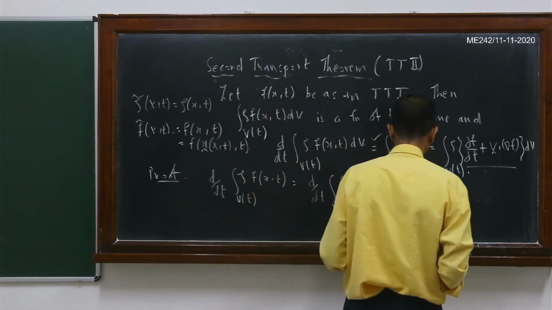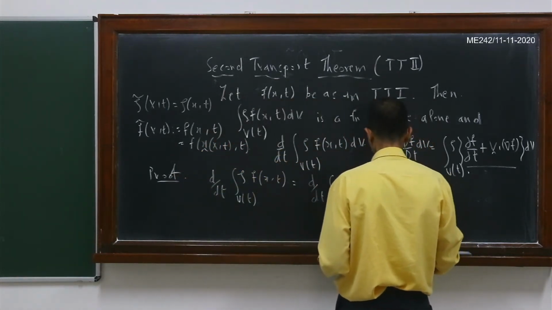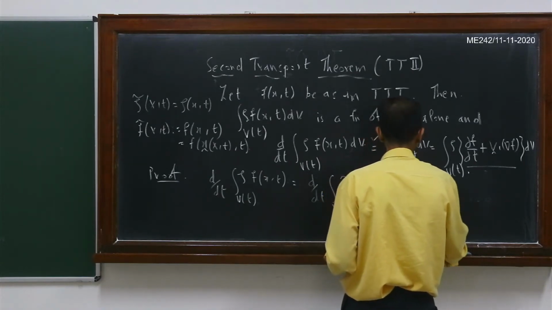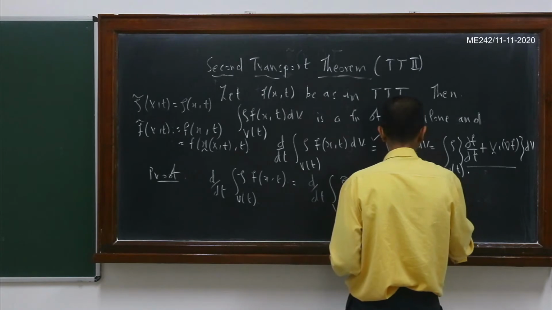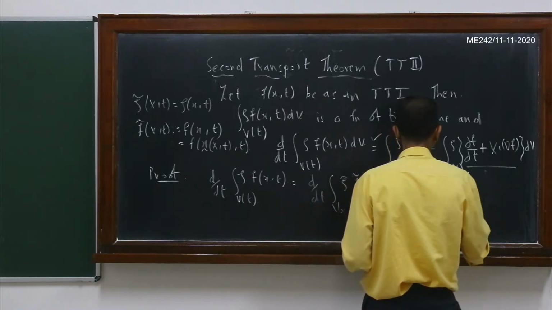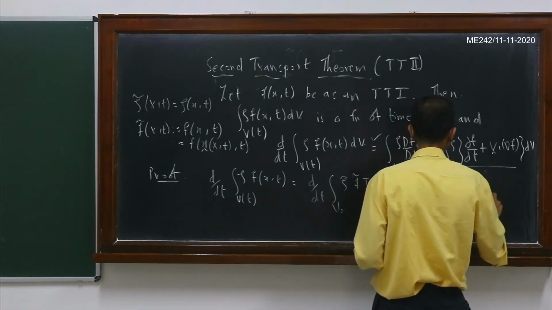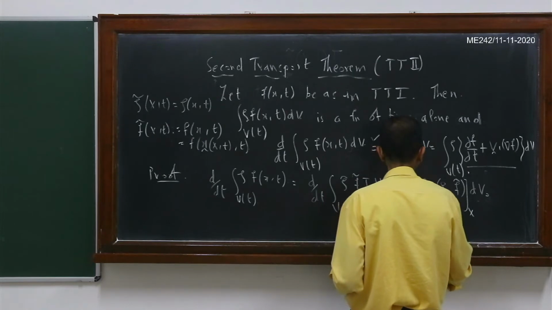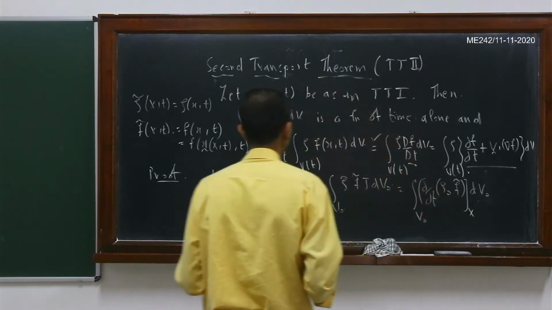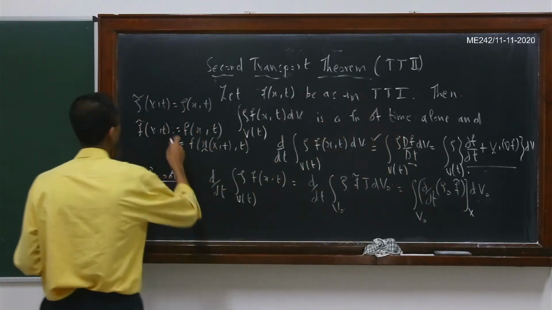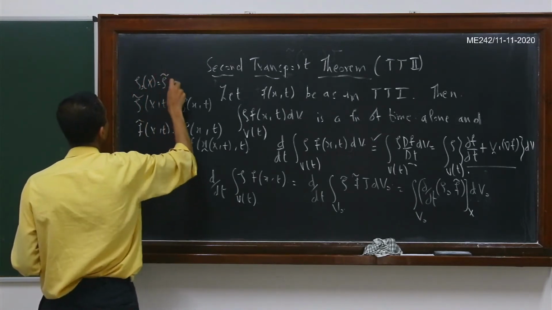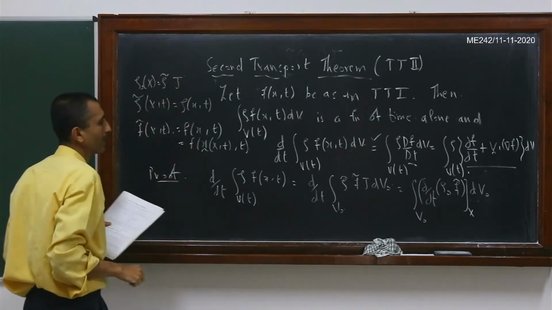So this is equal to the integral of del by del t of rho naught times f tilde times dv naught, at a fixed x, over v naught. That is because we have already seen that rho naught of x is equal to rho tilde times j, so that equation we are using here.